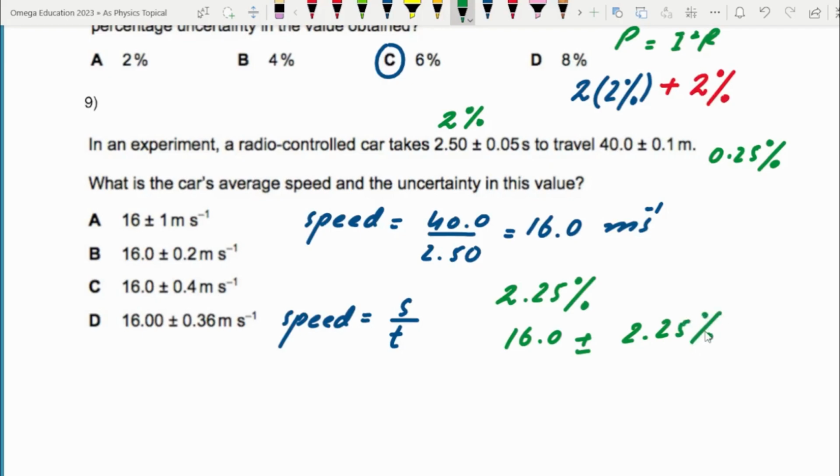But in the answers, they have asked for the absolute uncertainties. In all the options, they have given the absolute uncertainties. So what we can do is find what is 2.25% of 16. So we write 16.0 times 2.25 divided by 100.